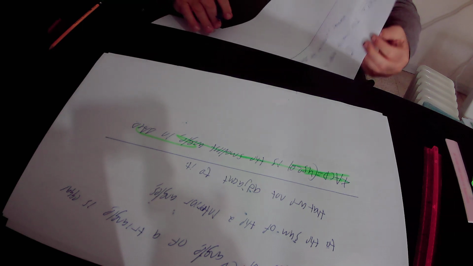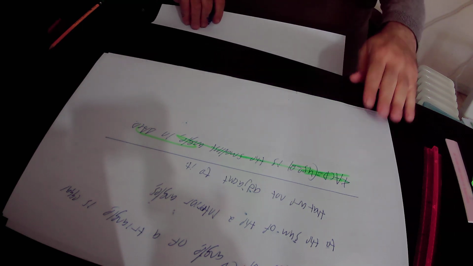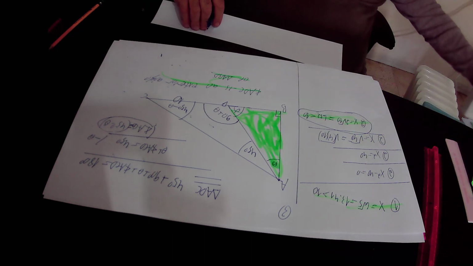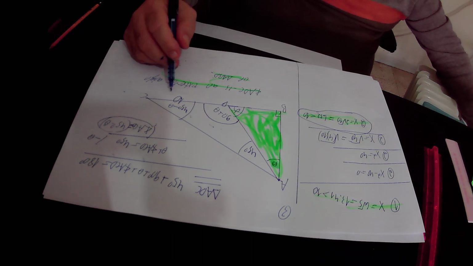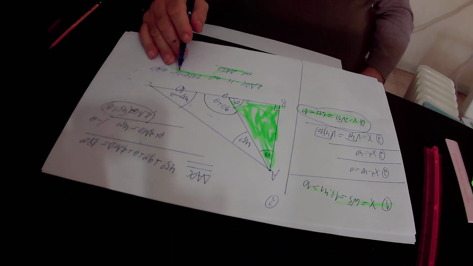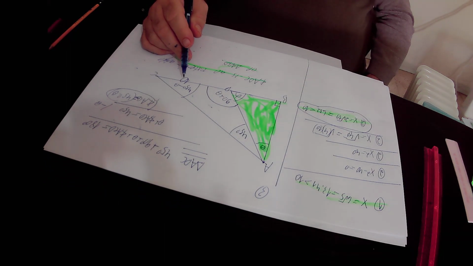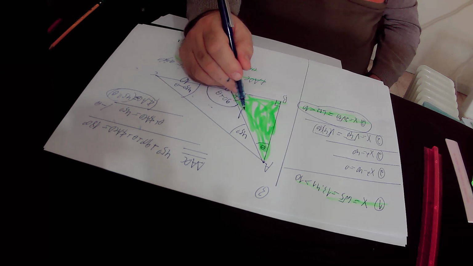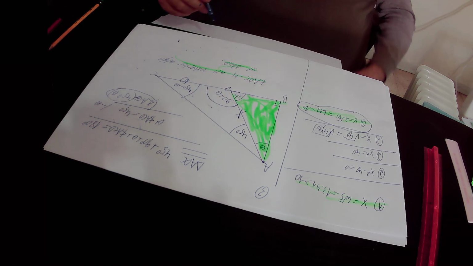And therefore, according to rule number 2, angle ACD, which is equal to 45 degrees minus theta, is opposite side AD, which is equal to x according to what is given in the question.